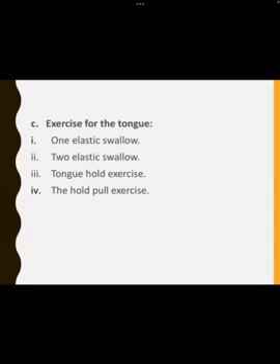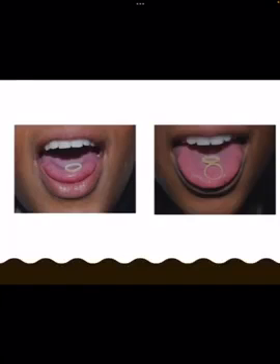Exercises for the tongue. There are 4 exercises which are proposed: 1 elastic swallow, 2 elastic swallow, tongue hold exercise and hold pull exercise. In 1 elastic swallow, in the first picture you can see that the patient is asked to hold the intraoral elastic on the anterior 1/3 of the tongue and asked to swallow.